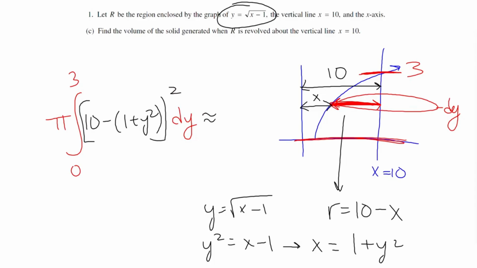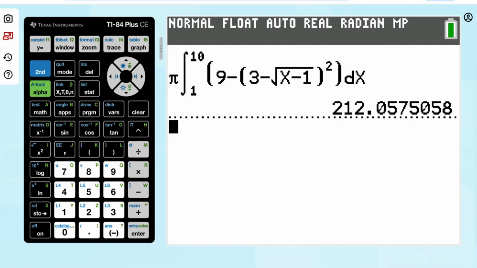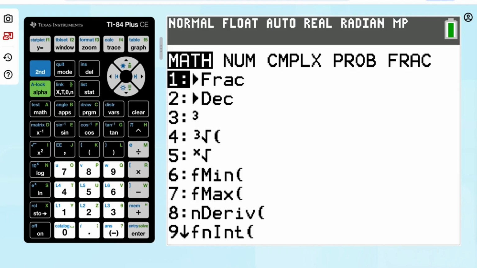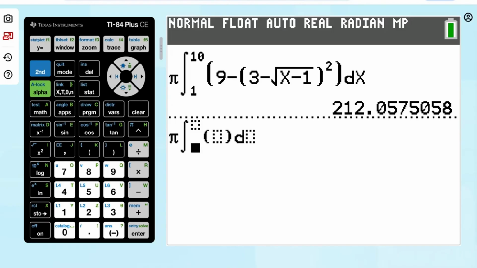So we'll go ahead and we will put that into our graphing calculators. We'll put our pi out in front. We'll do math option number 9. And again, you can just hit 9. You don't have to scroll down to it. We're going to integrate from 0 to 3. And our radius here, which I'm going to put in its own set of parentheses, is 10 minus the quantity 1 plus y squared.